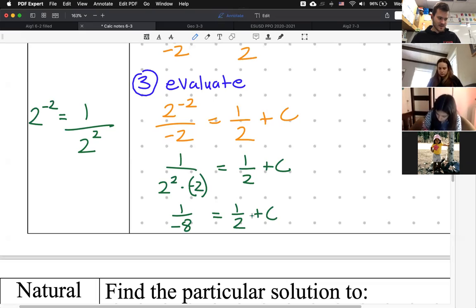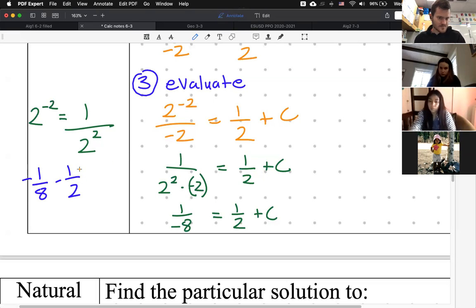Nice. And I might as well start solving for c as well. I'm still going to pick on you some more, Teflon. Solve for c. Do you subtract 1/2? You do indeed. So you're going to have -1/8 minus 1/2. And how do I do that? You get common denominators.